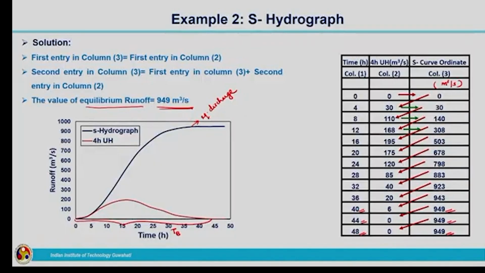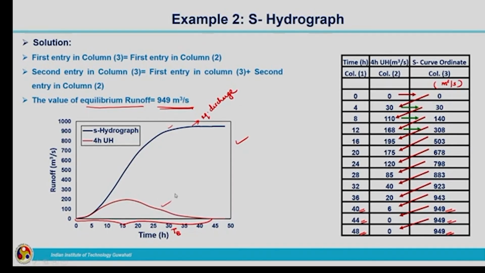And we have seen that we can find out the equilibrium discharge. The S hydrograph will be attaining the equilibrium discharge after certain time, that is corresponding to the time base of the unit hydrograph. That is clearly visible from this figure. S hydrograph is given by this blue curve and the given unit hydrograph, that is the 4-hour unit hydrograph, is represented by this red curve.